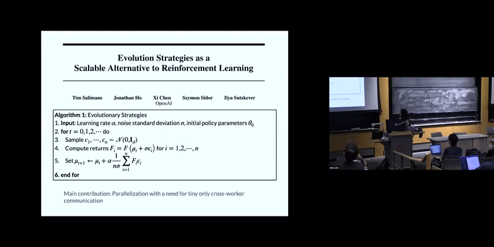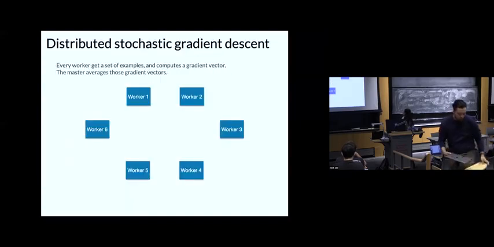The main contribution of the paper is that they managed to parallelize by sending tiny little things across workers. So here are our workers, and let's say we have 6 of them, and we'll be evaluating 6 parameter vectors in parallel. Every worker gets a parameter vector, takes the corresponding policy, deploys it and collects a batch of trajectories.